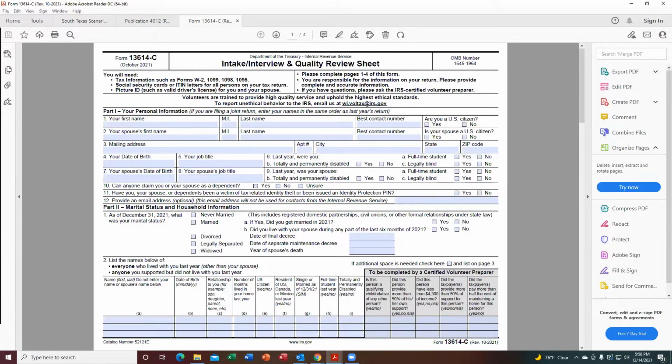The other thing I will add here is, and I know it's in the second page, but if the person did receive an advance on the child tax credit, if they opted for an advance, then they must also have the letter.